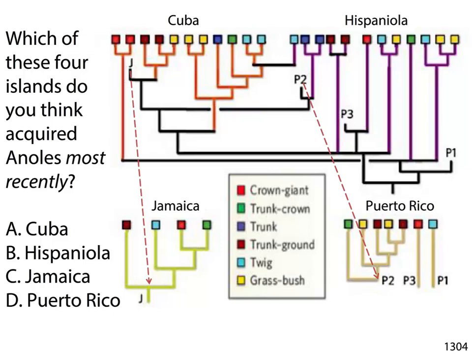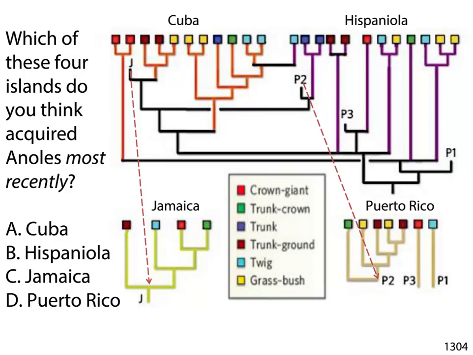What this is meant to represent is that the y-axis represents time. I know it's not exactly the typical y-axis that we think of, but going down from the common ancestor to the squares at the end, that represents time. So what you want to look for is which one of the islands most recently accumulated the anoles, meaning which one had the time that was closest to those squares at the top.